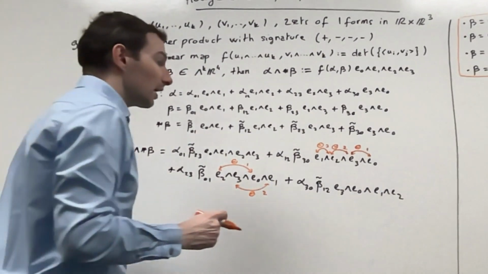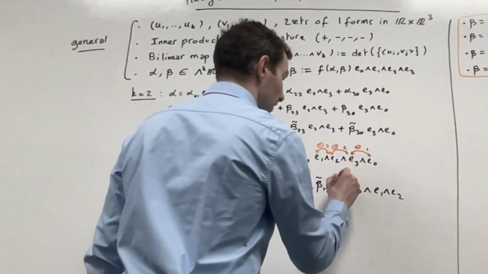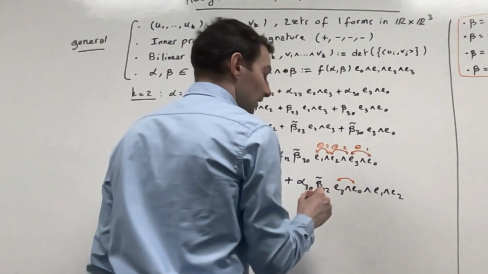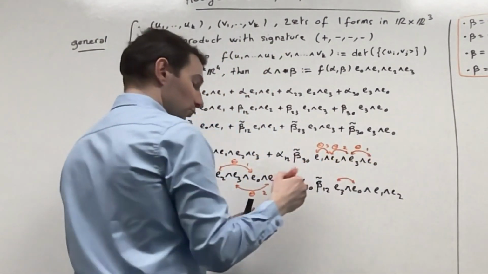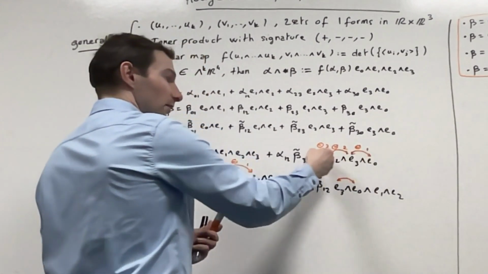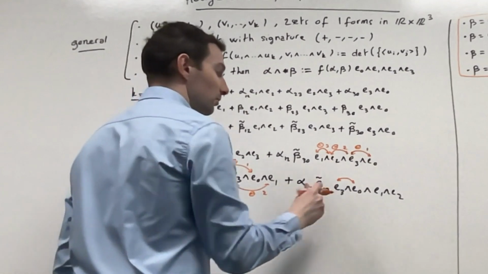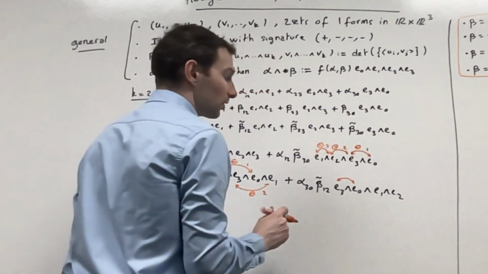And then here, basically I can swap E0 with E3, and I do basically the opposite. Here I was trying to drag the E0 leftwards by always swapping, but here I'm actually dragging E3 rightwards.